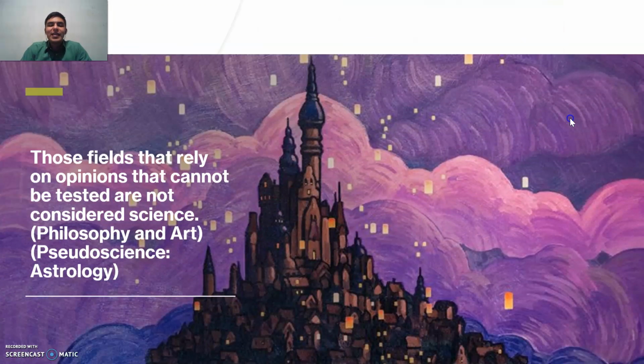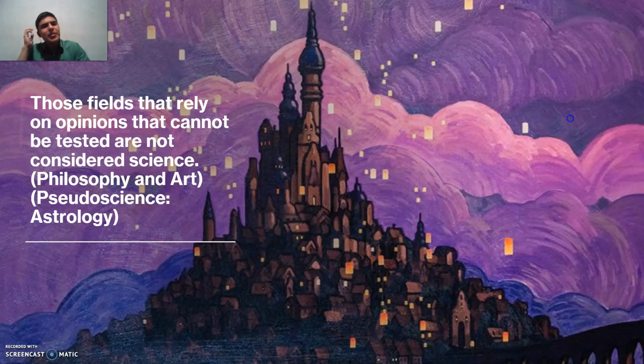All right, let's continue. Something to take into consideration as well is that those fields that rely on opinions that cannot be tested are not considered science. Some examples of these fields are philosophy and art. Philosophy and art are very abstract, let's say.